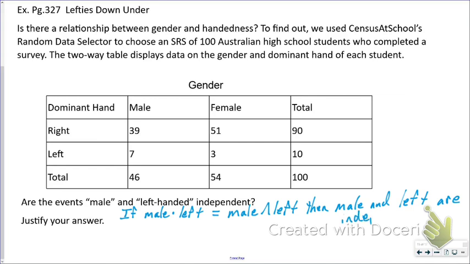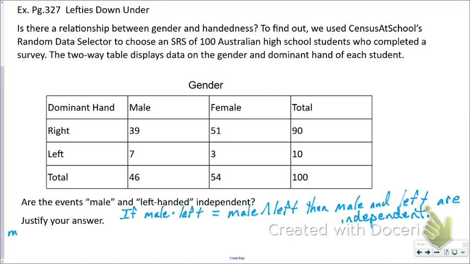So this is not an opinion that they're asking for. Many people think it is. They think it's an opinion, and you get a big old paragraph talking about how handedness has no bearing on gender, but that's not what the question is asking. It wants a numerical response.